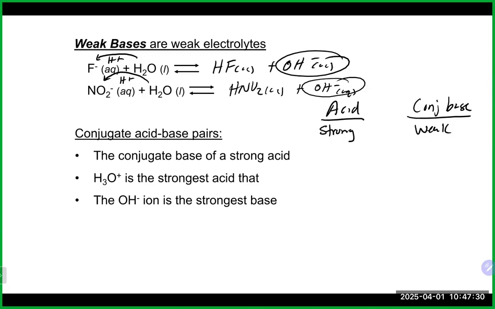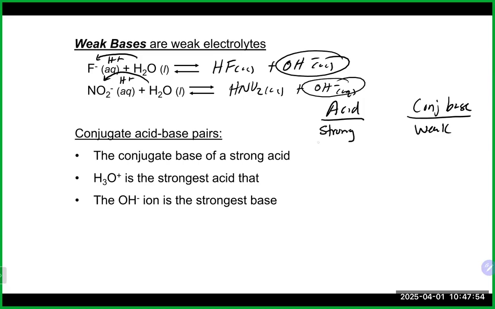And what that essentially means in this case is it will just kind of hang out and do nothing. It won't continue to react. So it's going to be really weak. It will still be there, but it's not going to really cause any problems in terms of the pH. It's essentially, as we'll talk about, neutral. So it's just a neutral little guy hanging out, floating around, not really doing too much.